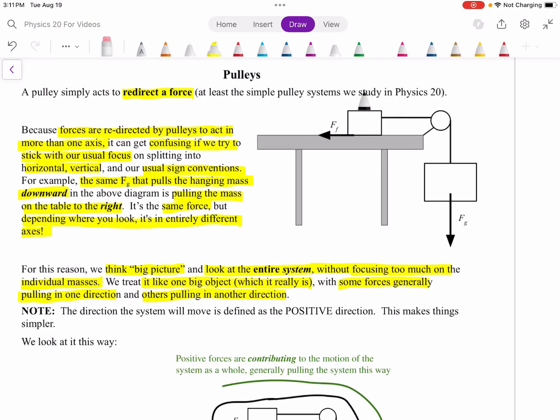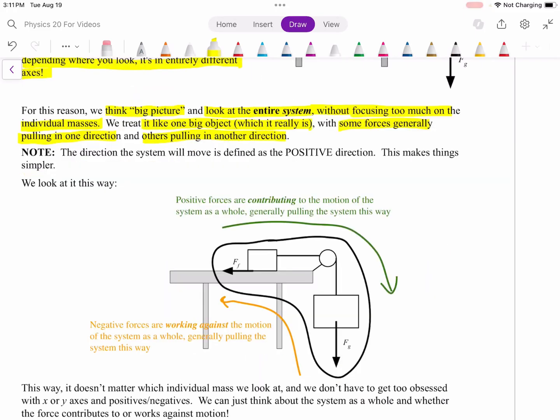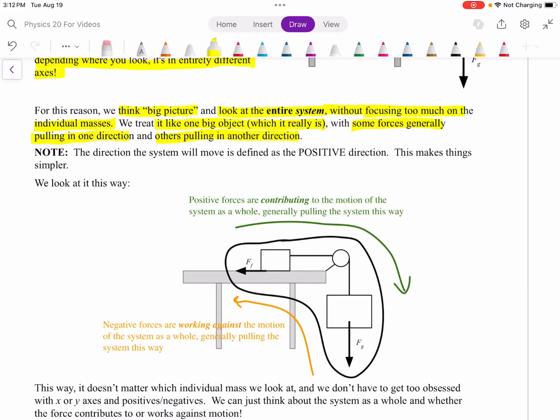So if I look at this whole system here, right, I can see it's like one big object and gravity's trying to move it that way while friction tries to resist it the other way, right? Now, since we're dealing with different axes and stuff going on, we can't do our usual up is positive, down is negative, left is negative, right is positive thing, right?